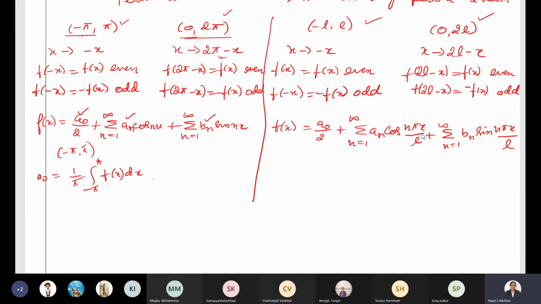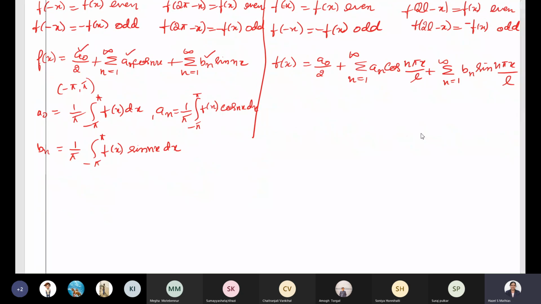An formula is 1 by pi integral minus pi to pi f of x cos nx dx. What will be Bn? It's 1 by pi integral minus pi to pi f of x sin nx dx.